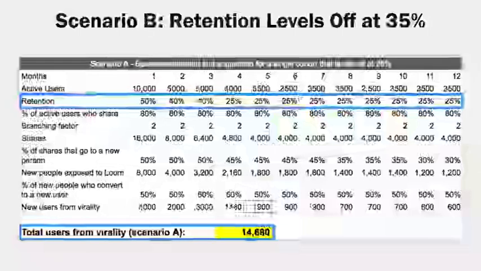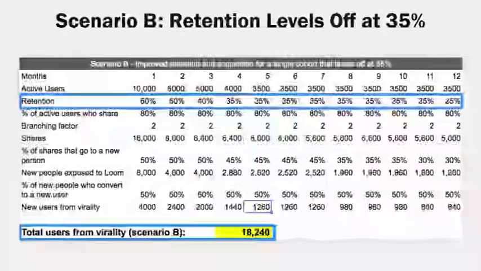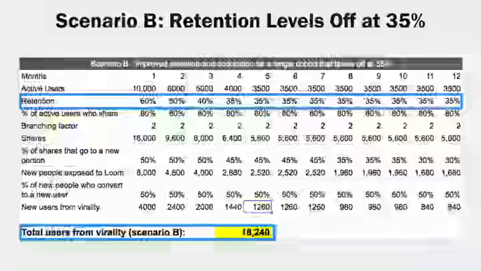But let's take a look at a scenario B, where we're able to increase retention from 25% to 35% for this single cohort. Instead of ending on that 14,000 number, we end up with 18,240 users, almost a 4,000 user difference. And remember, this is a single cohort of users.